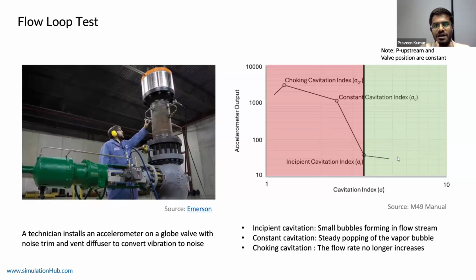And when you have one single design and you want to compare two operating conditions, compare cavitation index sigma. If you have two designs and you want to compare which one is better, then you compare incipient cavitation index. I hope that is clear. So I guess this will help to understand and enjoy the further case studies.